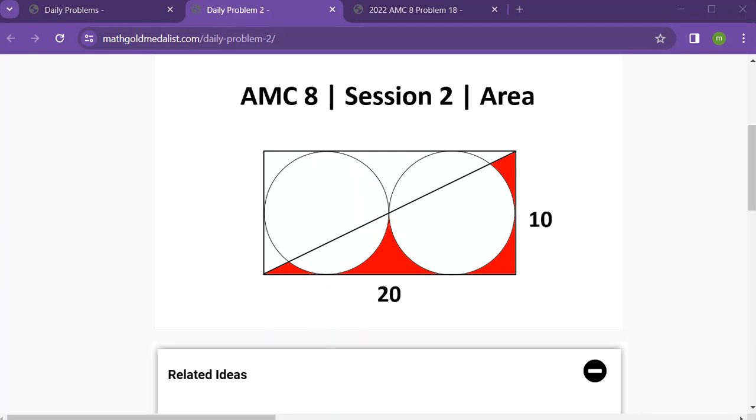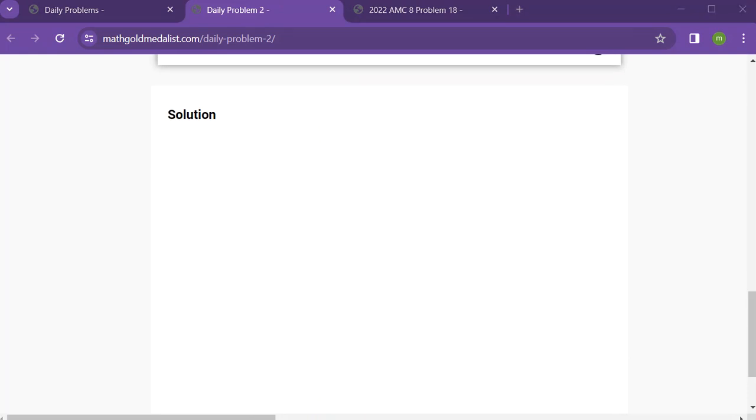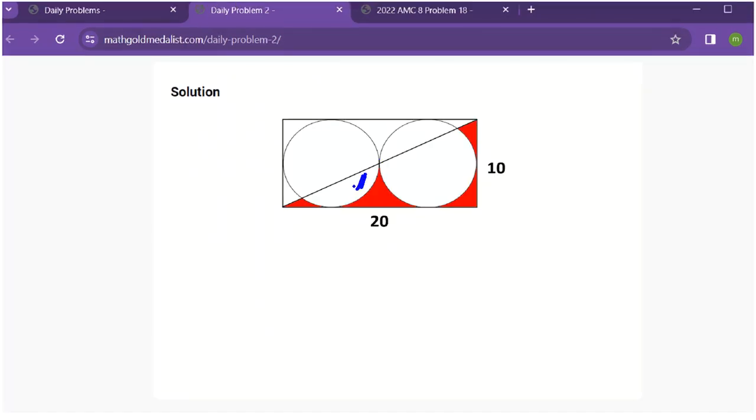Okay, let's write the solution here. In this problem, by symmetry, you can say this area equals this area. So if we consider first this triangle, the area is what? 20 times 10 over 2. Now, we should subtract this part and this part, let's label them 1, 2.